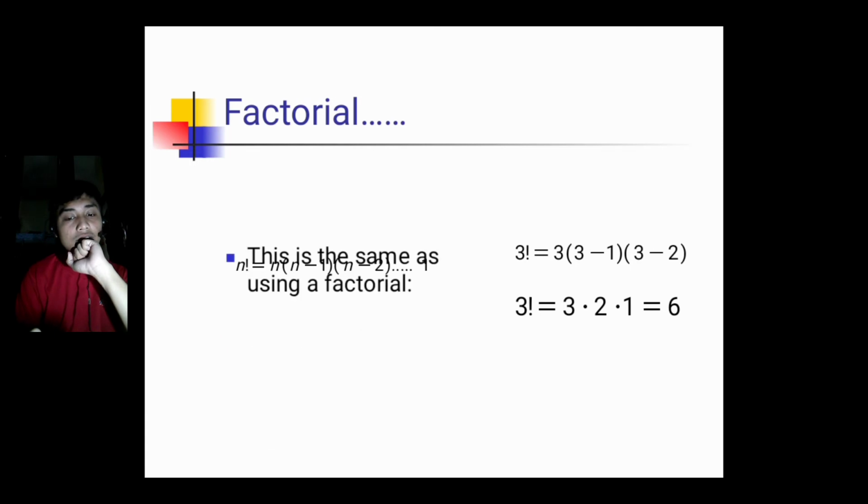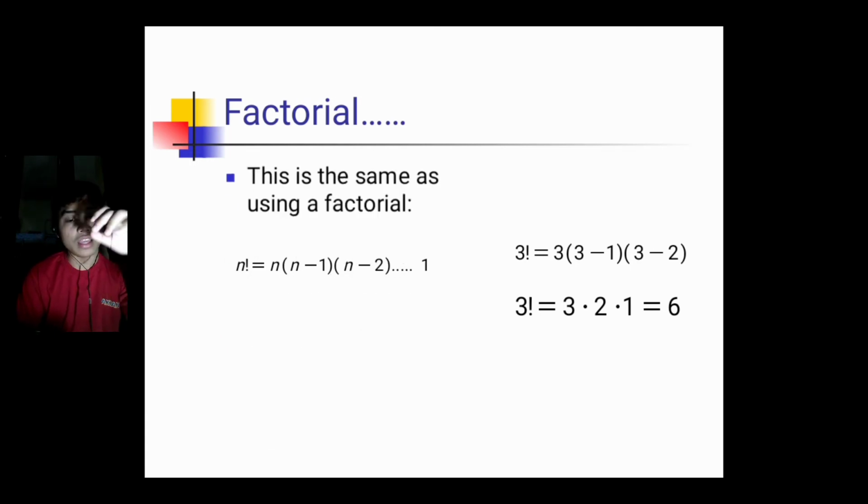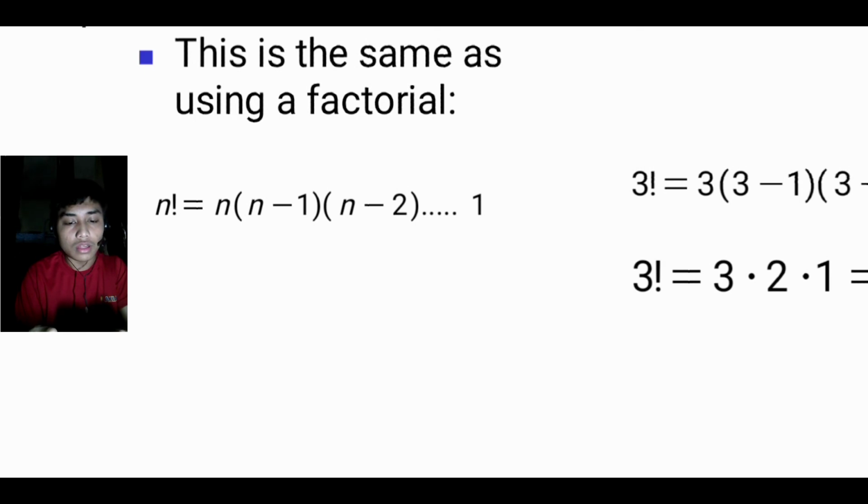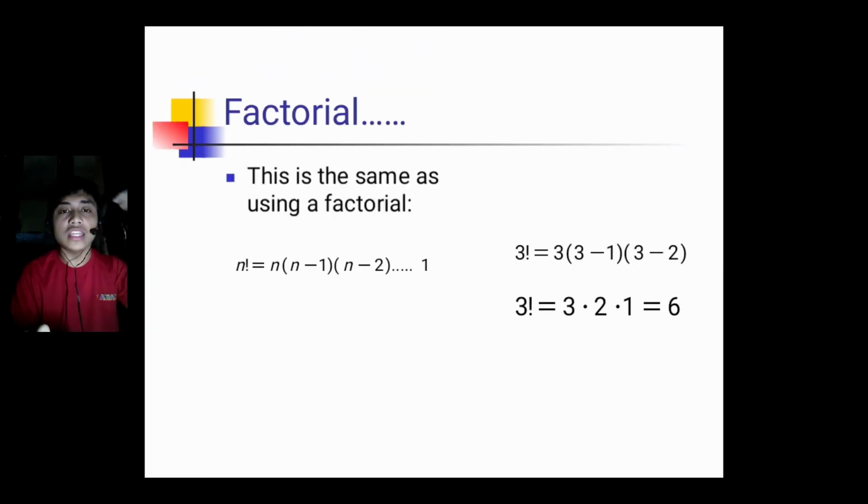So this is the same as using a factorial. When we say factorial, this is the formula of our factorial. When you see n with an exclamation point, you don't literally shout it, but we can read it as n factorial.